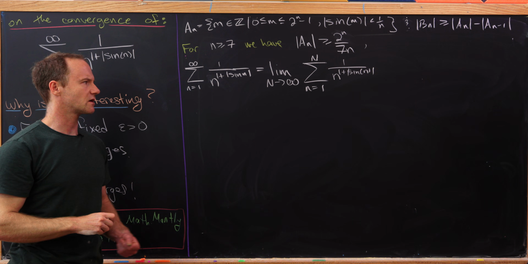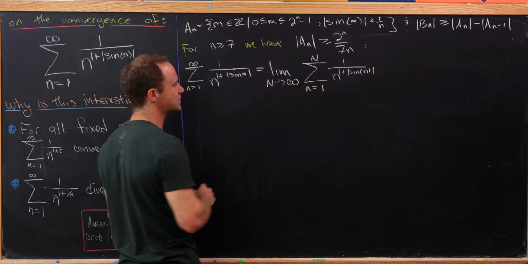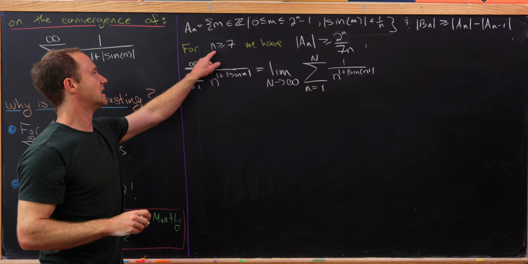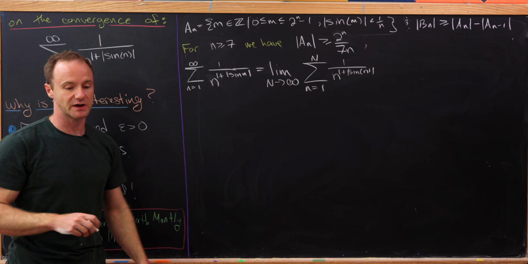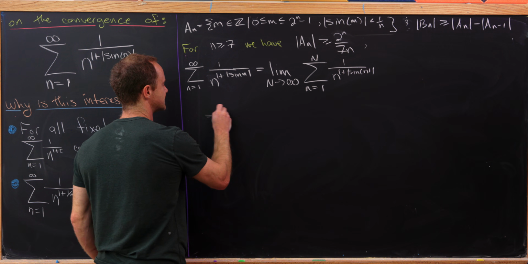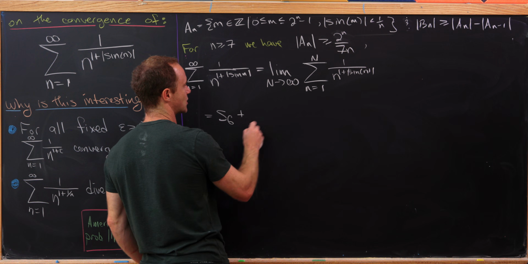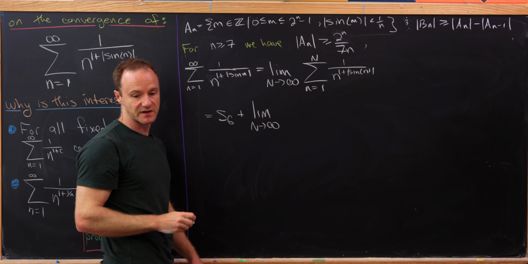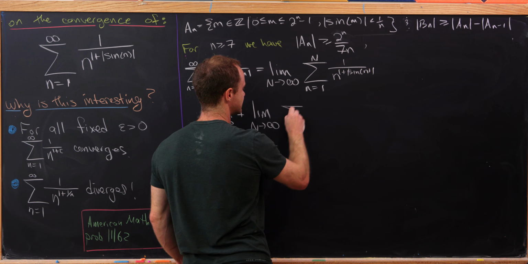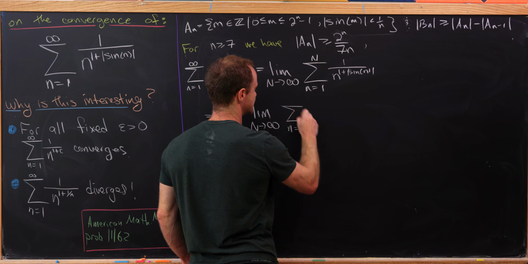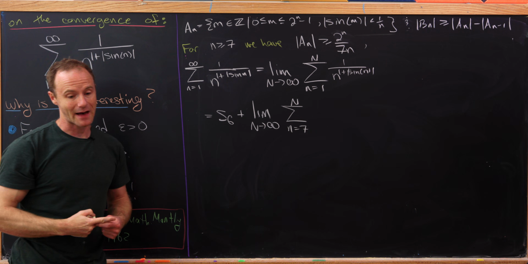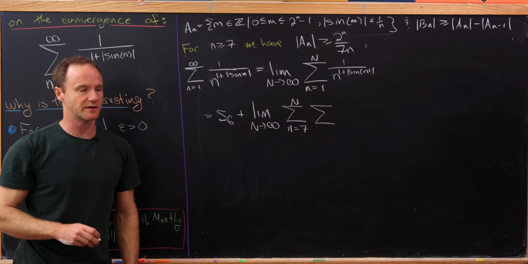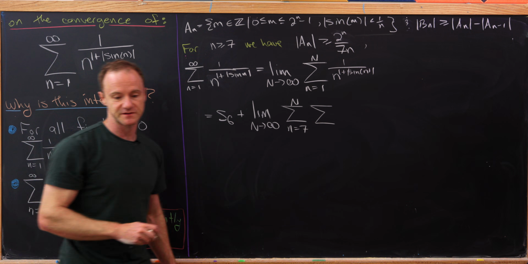And now we're going to start using our inequality. So let's first of all bring out the sixth partial sum, and then we can use our result for n bigger than or equal to 7. So this is going to be equal to the sixth partial sum plus the limit as capital N goes to infinity of the sum as little n goes from 7 up to capital N, and then we're going to introduce an inner sum here, and that's going to be between powers of 2.